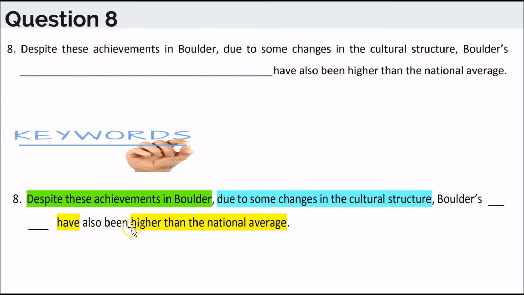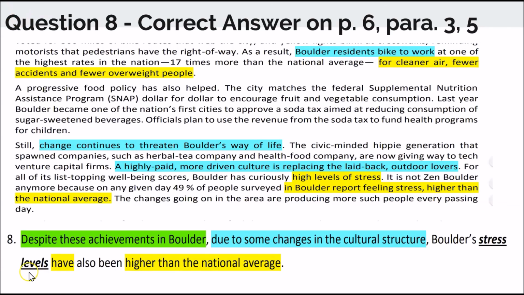The answer to this question is stress levels. This is our answer. As you can see, the word levels is plural. So if we go to page 6, the last page, paragraphs 3 and 5, we will see that we are given information about how to tackle these challenges.